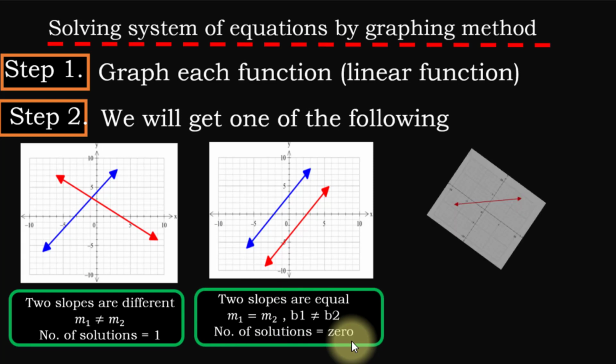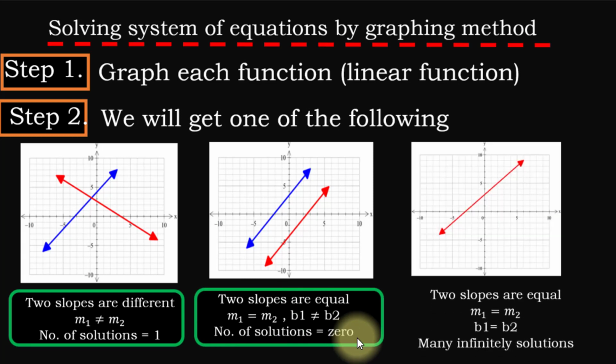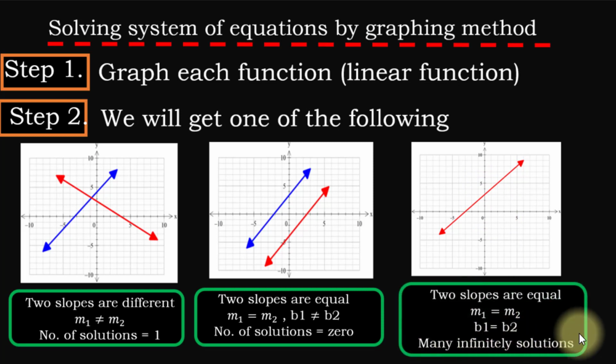The third shape, we have the same line, so the two lines are the same, and the two slopes are equal, and the y-intercept is the same, so we have infinitely many solutions. So don't forget, if the two slopes are not equal, we have one solution.